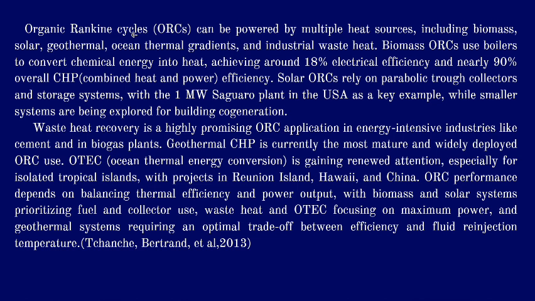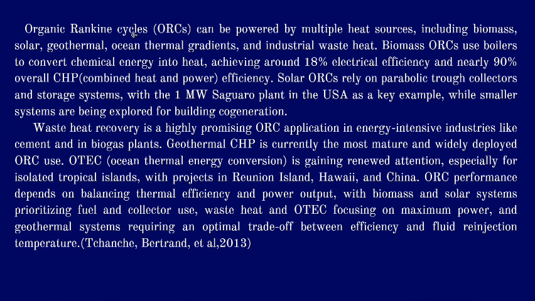For biomass organic Rankine cycle, it uses fuel like wood, sawdust, and residues. A biomass boiler converts the fuel's chemical energy into heat, which is carried by a thermal oil loop to the organic Rankine evaporator. Typical combined heat and power biomass systems have about 18% electrical efficiency and nearly 90% overall efficiency.